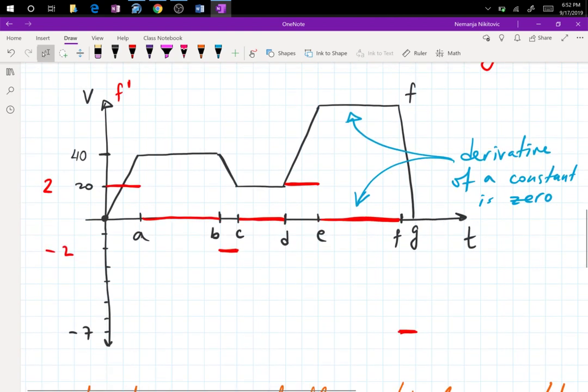With this example, we learned that anytime you have a constant part of the function, that means the derivative is 0. There is no change. Derivatives measure change. Since the constant has no change in it, we have those 3 parts of the derivative which are sitting on the x-axis.